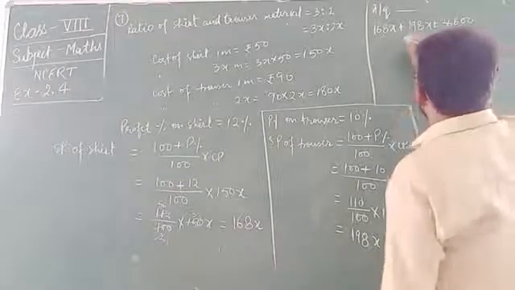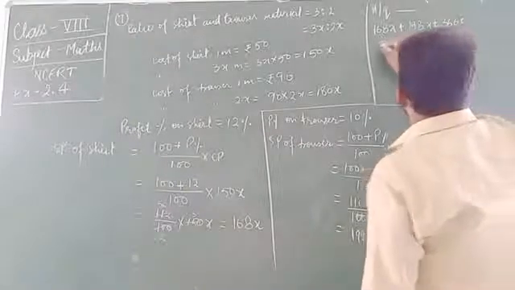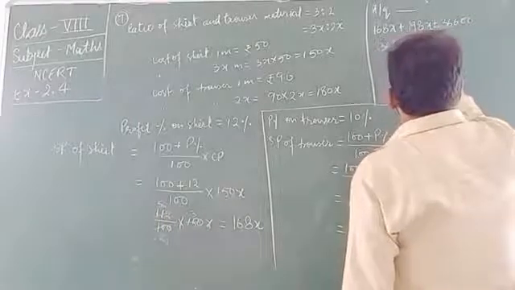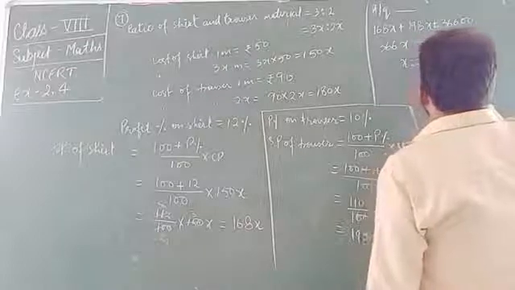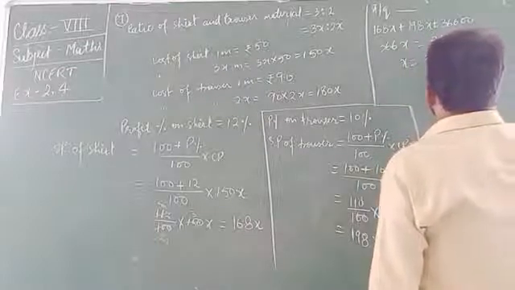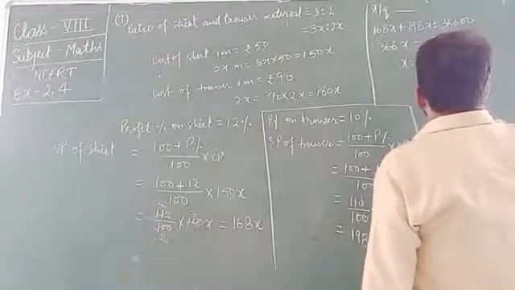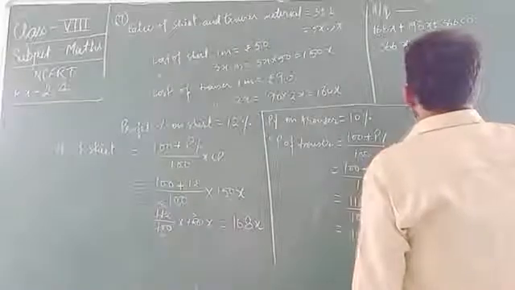Add this together: 366x equals 36,600. So x equals 36,600 upon 366, equal to 100.